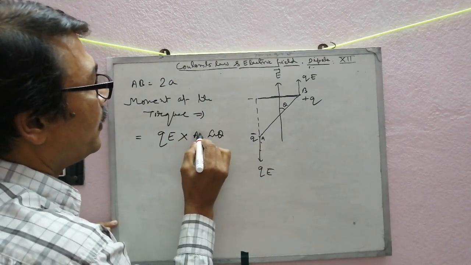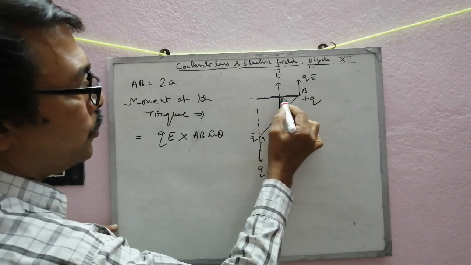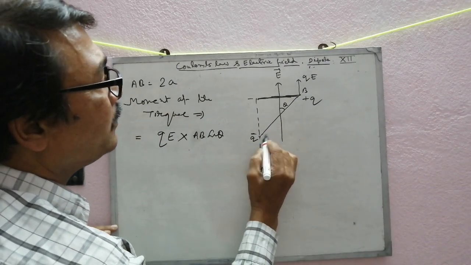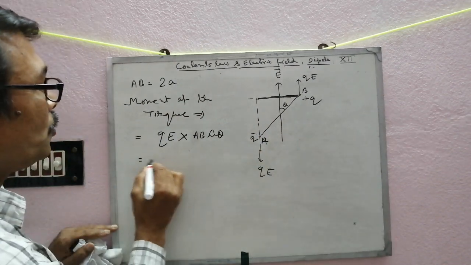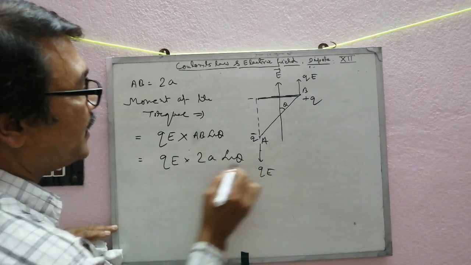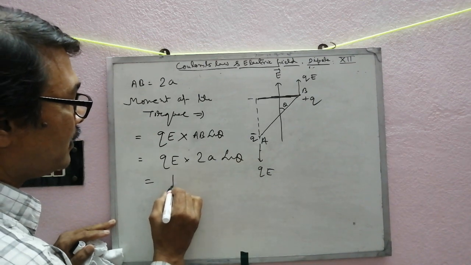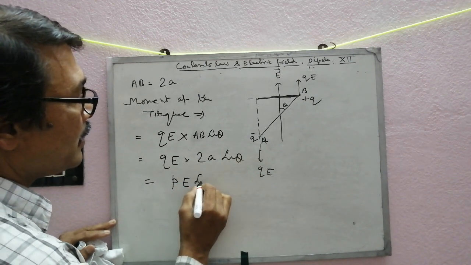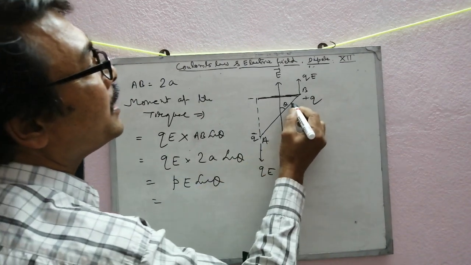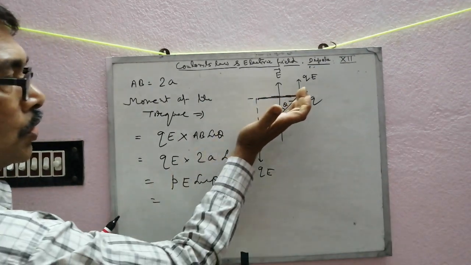Okay, I will write it on the next line. The value of this distance is AB sin theta. So we get QE into 2a sin theta. We know Q into 2a is P, so torque equals PE sin theta. Follow, the direction of P is in this way and the field is in this way.